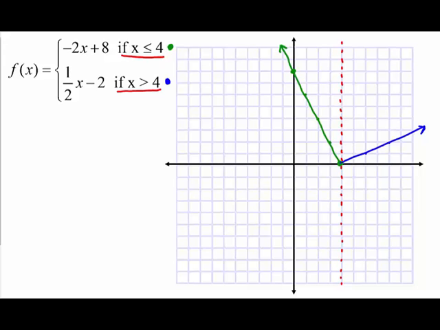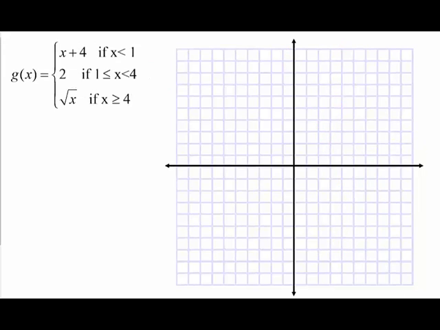Let's go ahead and look at another example. With this example, I've got two areas that are important. I've got where x is less than 1, so I'm going to go ahead and put a dashed line at 1. And I've got where x is greater than or equal to 4.